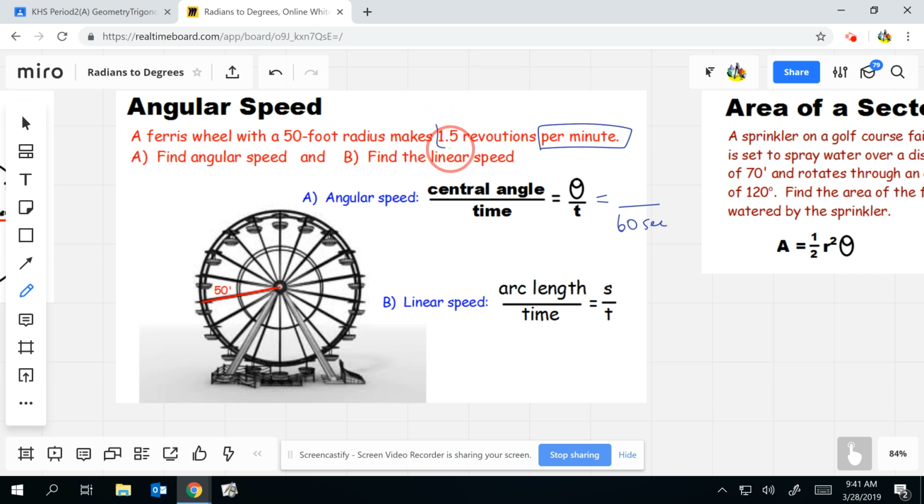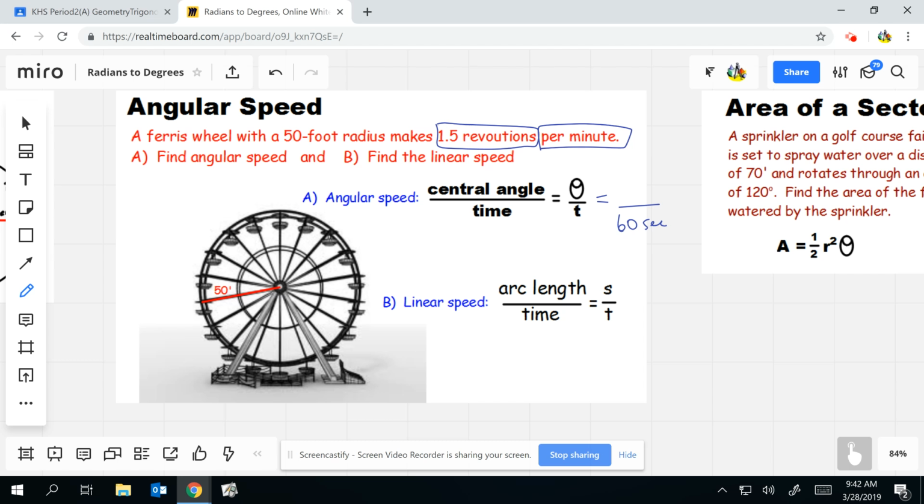But what's my central angle? 1.5 revolutions is my central angle. What's 1.5 revolutions in radians? Remember, halfway around is pi. Another half is 2 pi, that's 1 rotation.